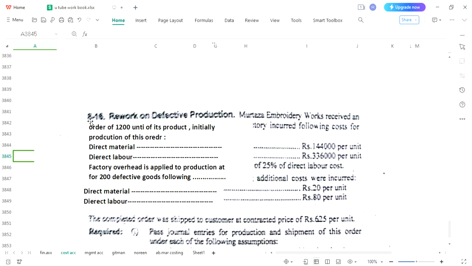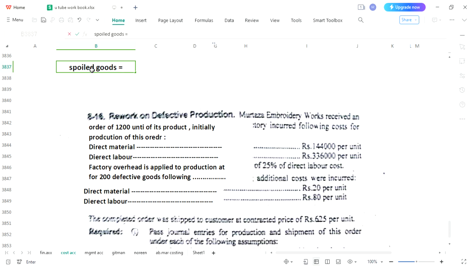Right now, our topic is spoilage and defective goods, but this is our first question and we are specifically related with defective production only. We have understood the difference between spoiled and defective. Under spoiled goods, there are a few matters which should be in your mind. Spoiled goods means damage which is unrepairable and would be sold as B pair.